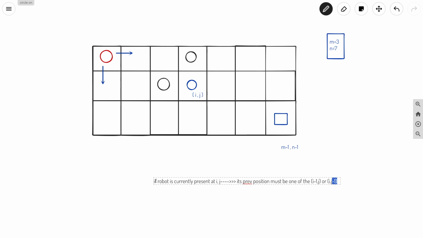So these are the two possible previous positions of this robot. So from these two possible positions the robot can come to I comma j.